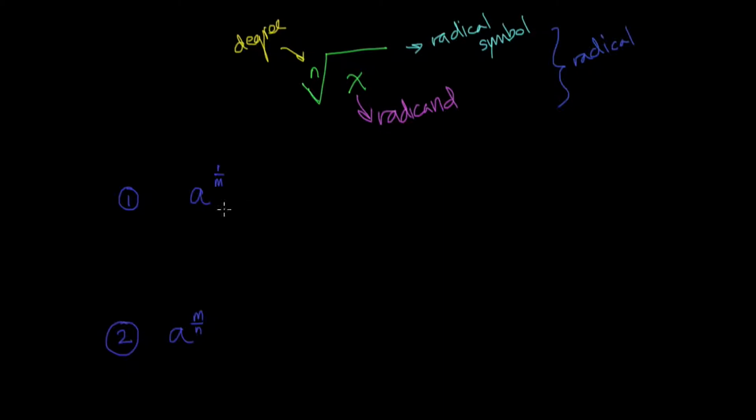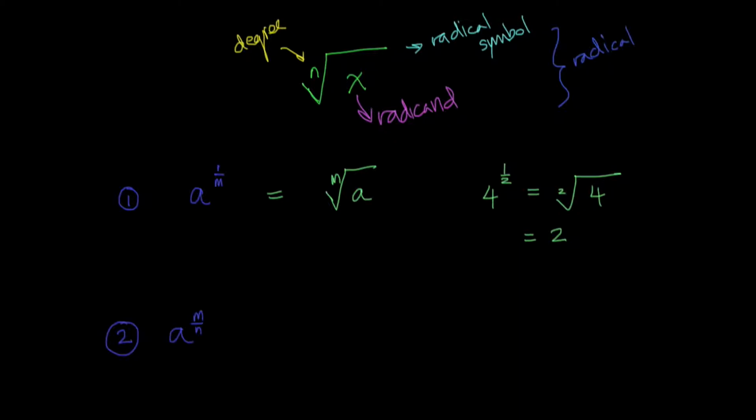If I have a raised to 1/m, then that becomes the mth root of a. So whatever I have in the denominator is going to be my root. For example, if I have 4 raised to the half, then that's going to be the second root of 4, which is the square root of 4, and that's going to give me 2.